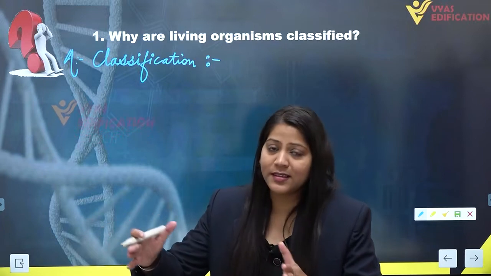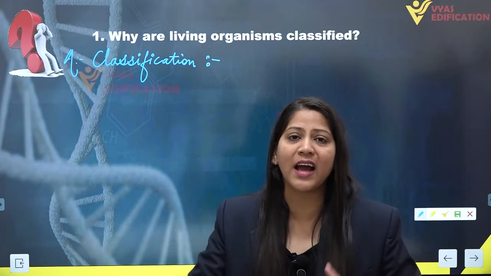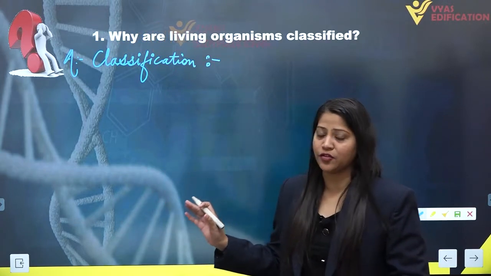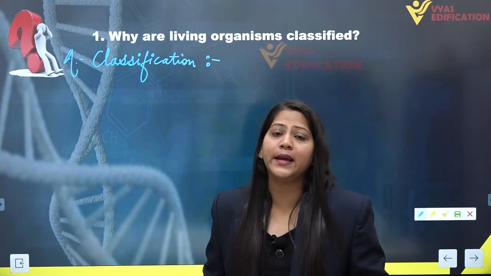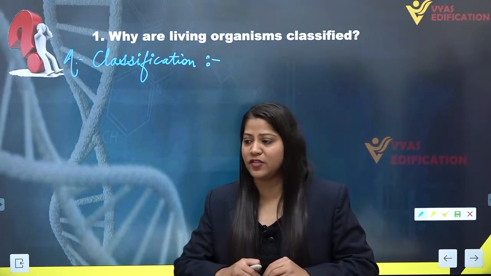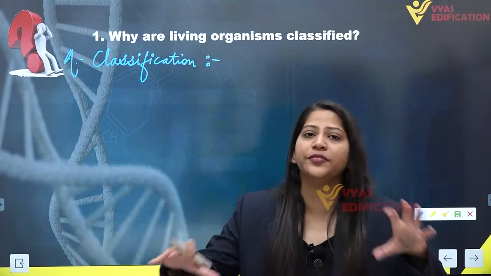So this whole set of processes constitutes a whole system which is known as classification, and after providing names to the organism, we classify those organisms based upon their characters into different groups.